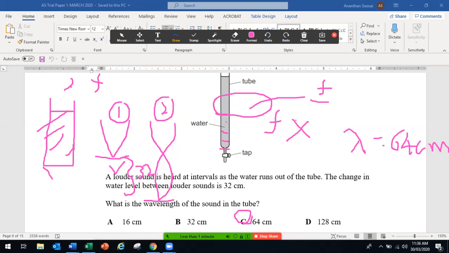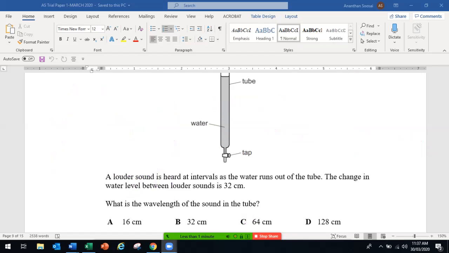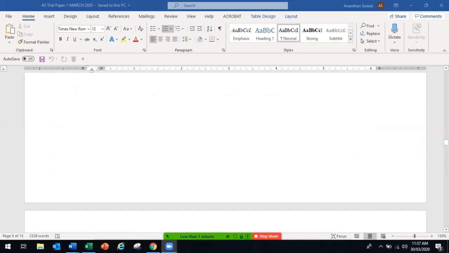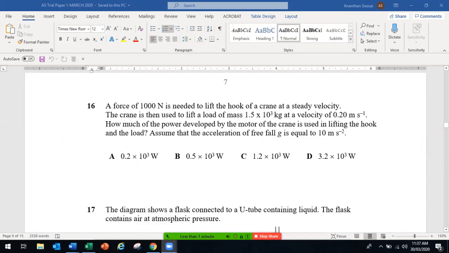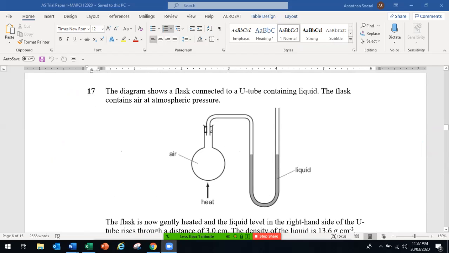Question 17. Okay, this one. Pressure. The diagram shows a flask connected to a U-tube containing a liquid. The flask contains air at atmospheric pressure.